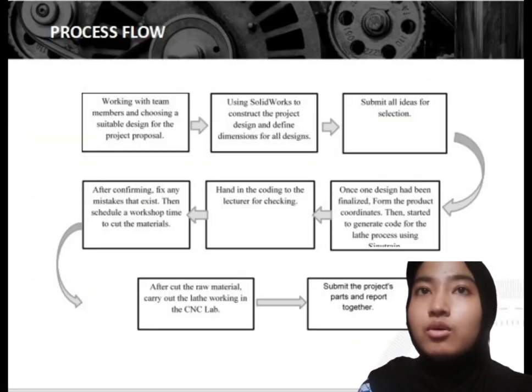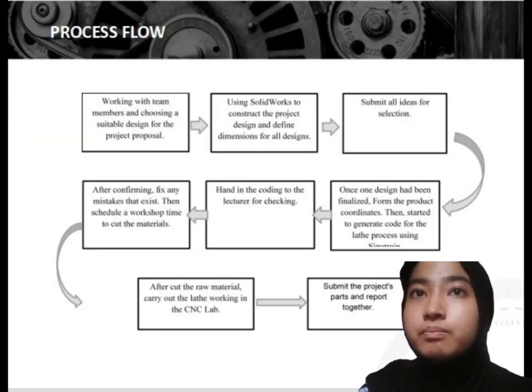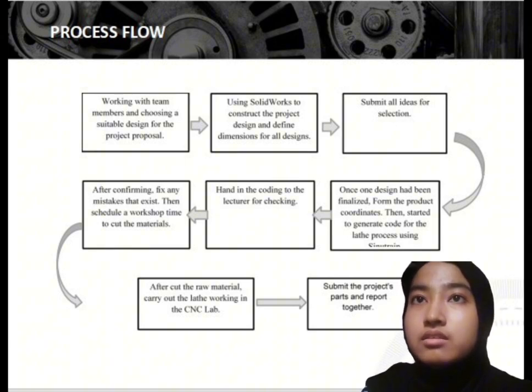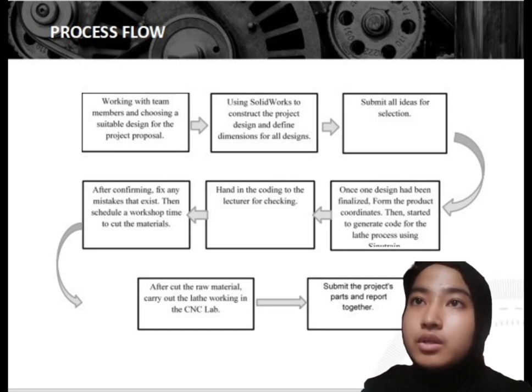Next, for the process flow, the first step is working with team members and choosing a suitable design for the project proposal. Next, using SolidWorks to construct the project design and define dimensions for all designs. Submit all ideas for selection.